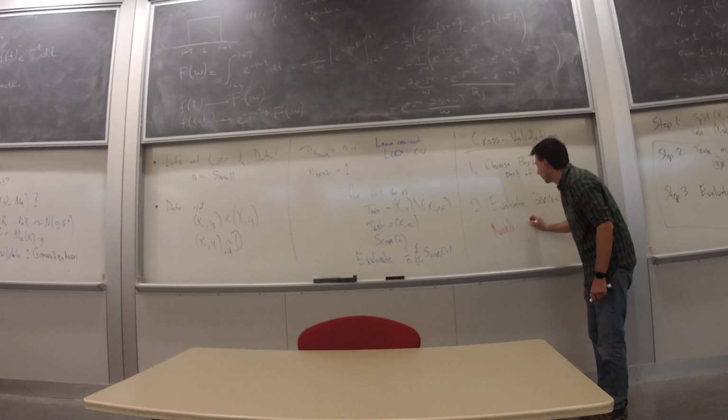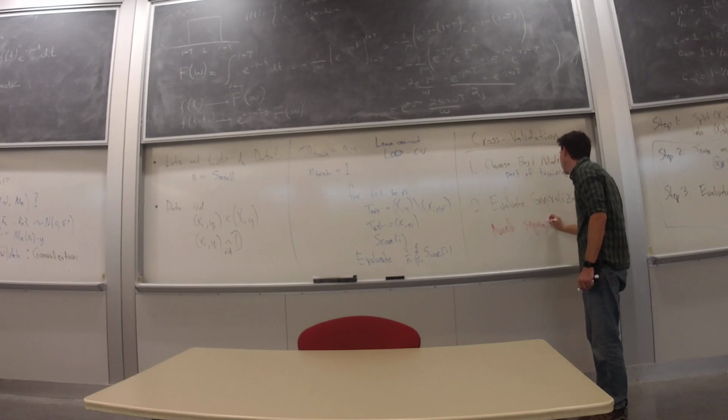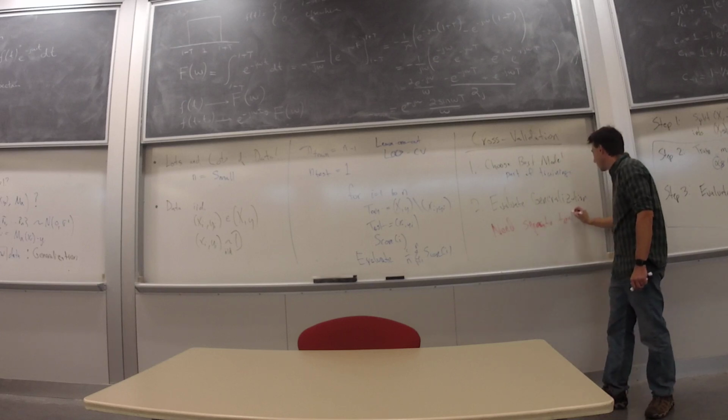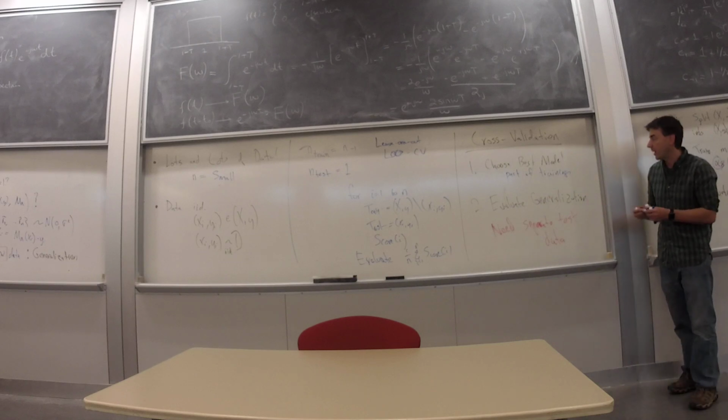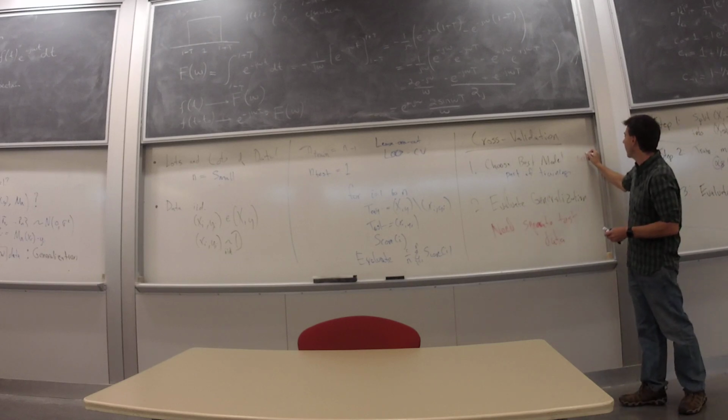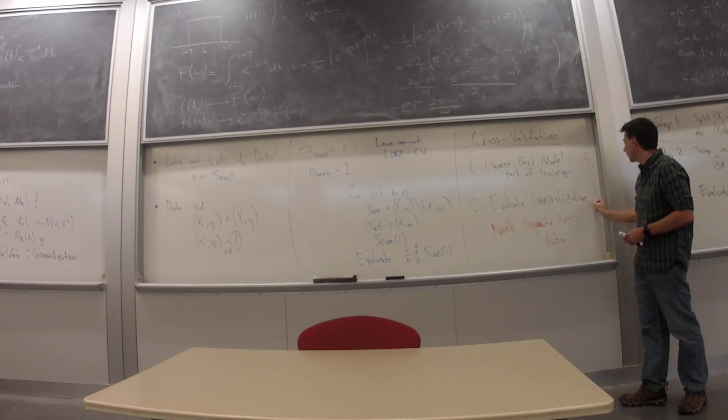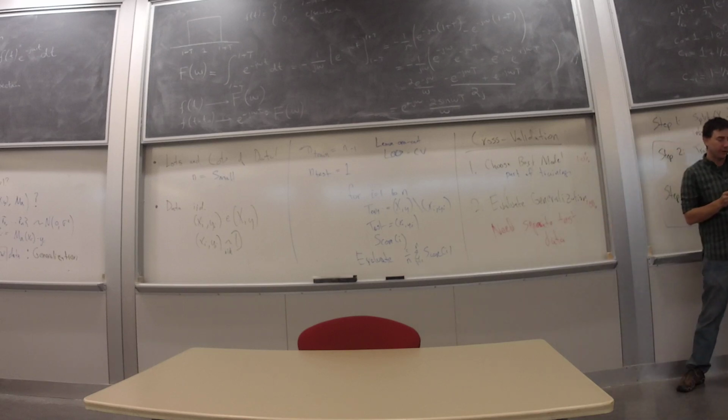These need separate test data. I need to hold out 2 data sets. I might hold out, say, 10% for here and 10% for here to evaluate generalization, right?